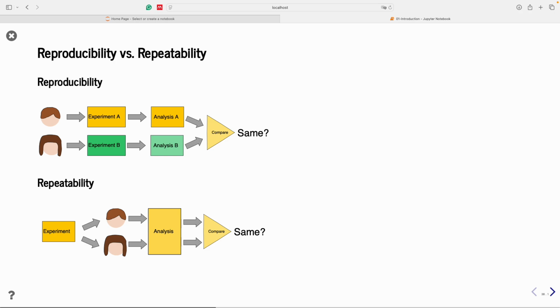But what we are more looking for is repeatability, that you can take the same kind of data, let two persons start the process and do the analysis and get the same result. That is at least what you should strive for. If you can achieve reproducibility, it's fantastic, but this is at least achievable.